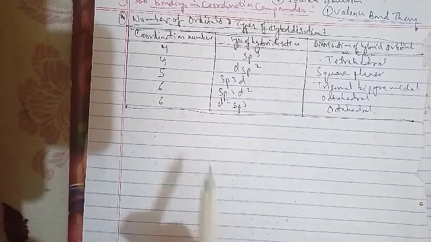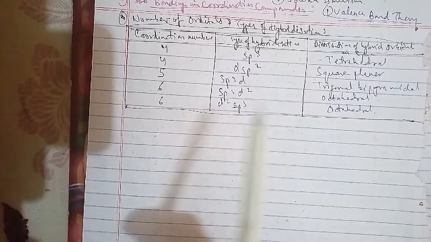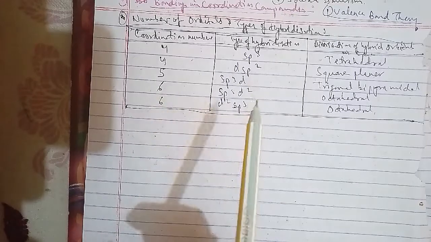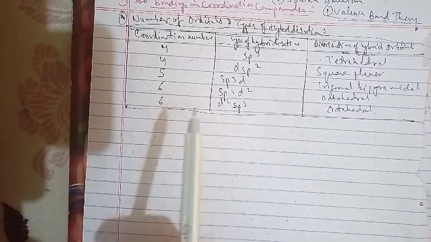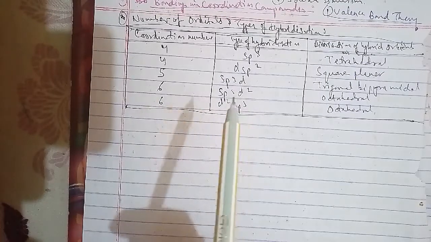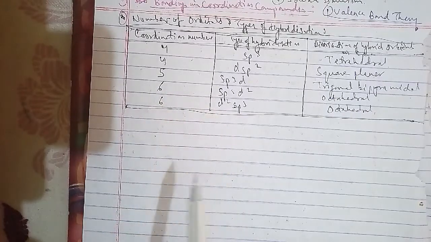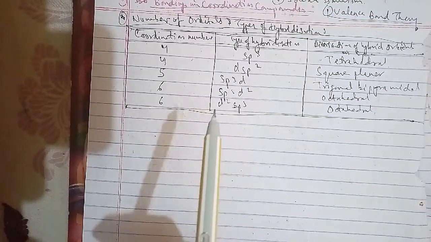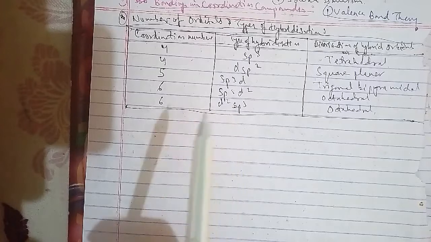For the first one, we represent the orbitals of the Co3+ ion. Here we have 3d, 4s and 4p.